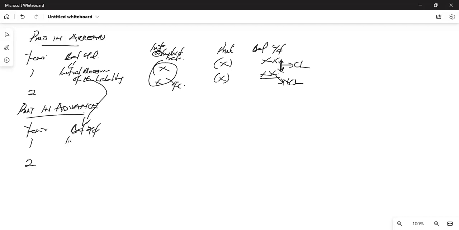So it's still the initial measurement of the lease liability. And instead of the interest, payment will now be made. So you have your payment, and since it's a payment, you're subtracting, and you have some subtotal.